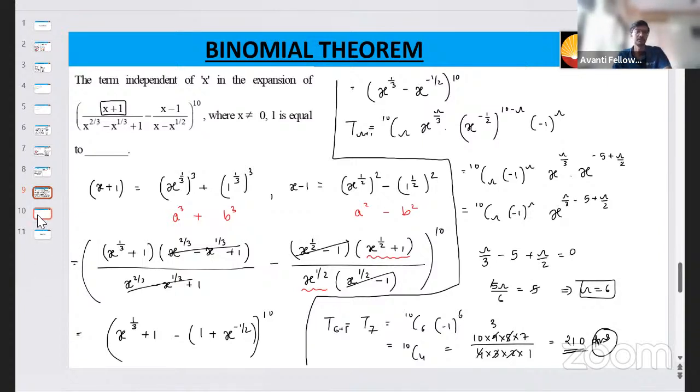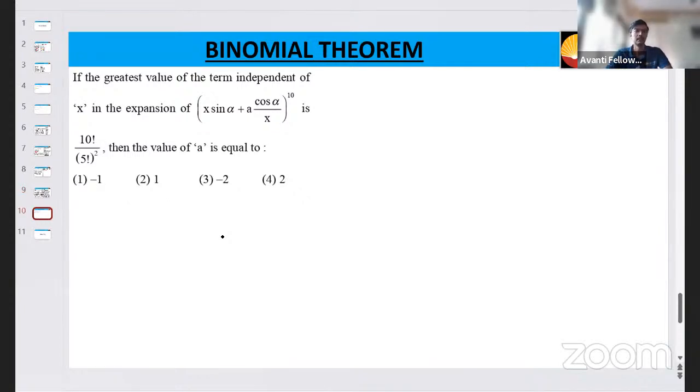Again, integer type question. Let's see the next one. If the greatest value of term independent of x in the expansion of, again independent of x है, so फटाफट खत्म करते हैं. So general term tr plus 1 is 10 cr x sine alpha raised to the power r into a by x cos alpha raised to the power 10 minus r. So let us group the terms.